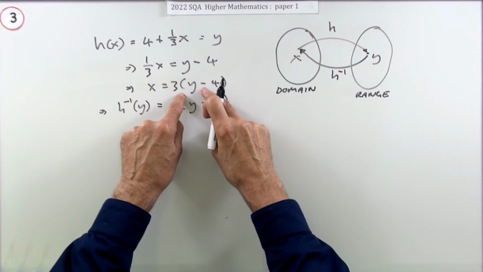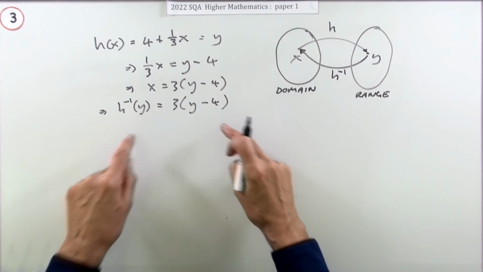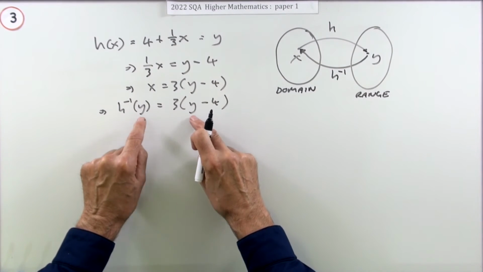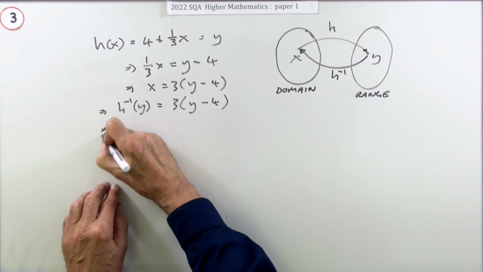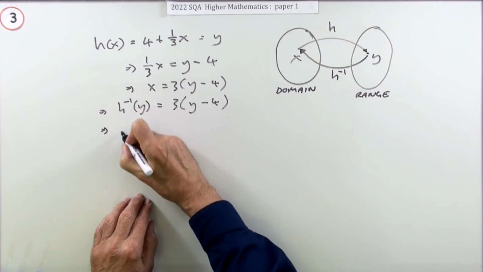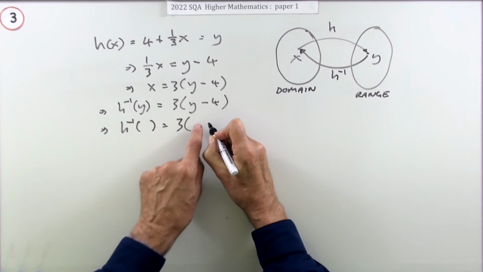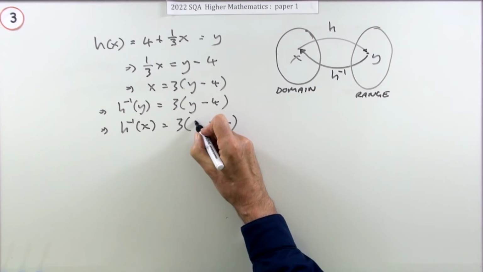However, that's what that strictly says, because this operation is acting on y's. But once you've got this rule, those are just like tokens. You could put anything there. So the convention is that you use x for the unknown. So that's the same as saying h of whatever is 3 times whatever minus 4. It's always the same rule, doesn't matter what you put in, and the convention is just using x.